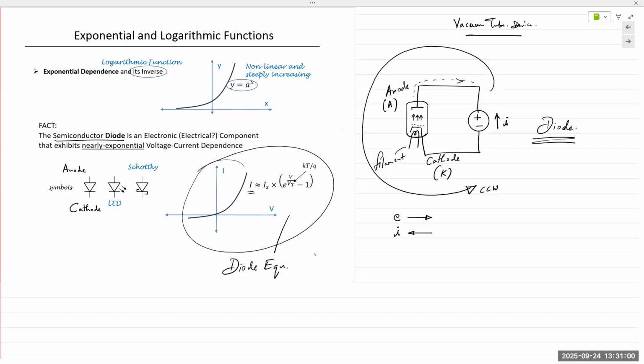And hence we're talking about exponential and logarithmic functions. That's something that, again, you will study in higher level classes. Yes.